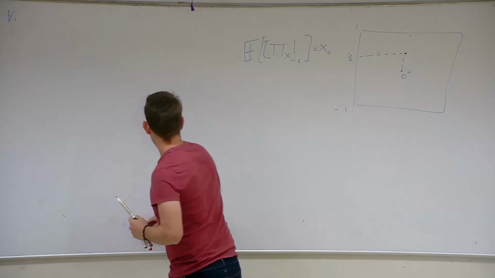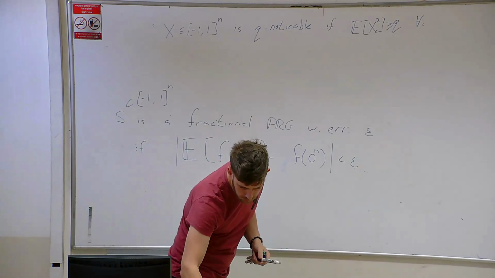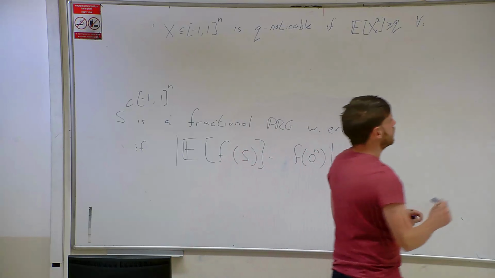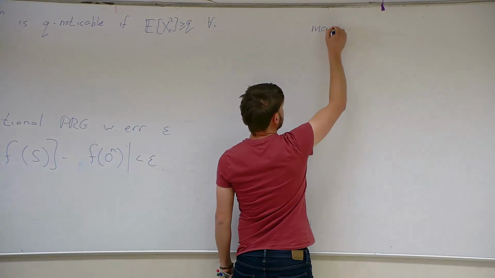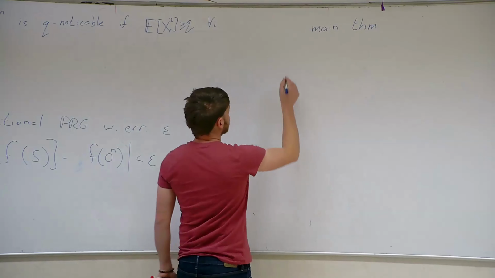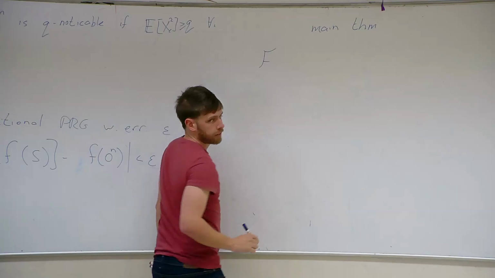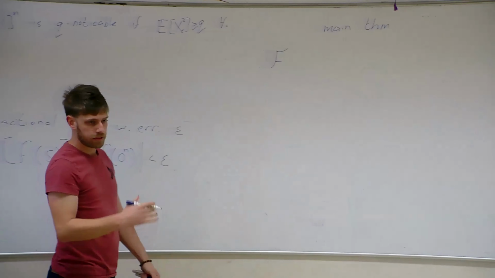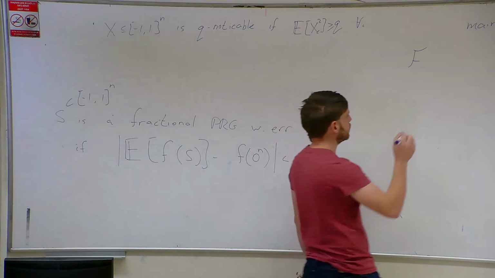What we are going to prove now is the main theorem. Suppose F is a family of functions from plus minus 1 to plus minus 1 as before.